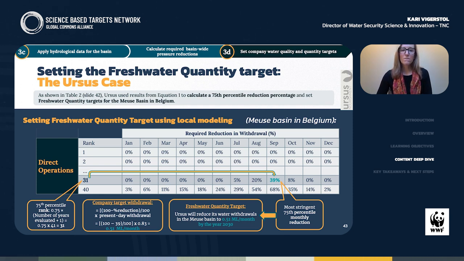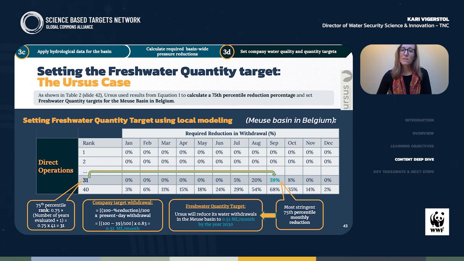The rank of the 75th percentile reduction percentage is calculated based on the length of the simulation as 75th percentile rank equals 0.75 times the number of years evaluated plus 1. For this example, based on a 40-year simulation, the 75th percentile corresponds to the 31st highest reduction percentage. So we multiply 0.75 times 41.